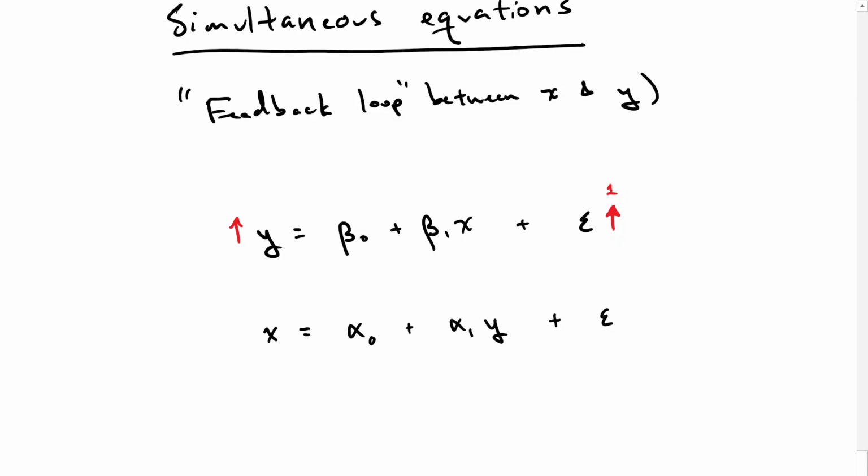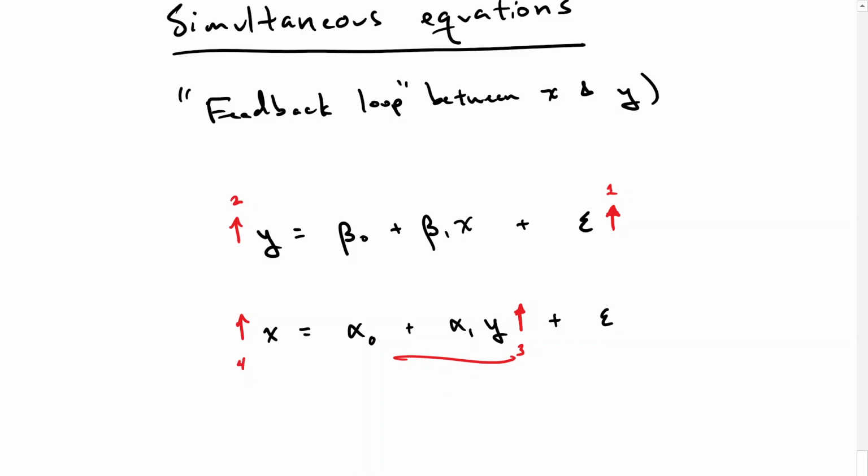So y is going to increase by whatever that shock is. Okay, y has gone up, but now in this second equation, since y has gone up, we have plus alpha 1 y. That means that x is going to go up. That's kind of the fourth component of this.